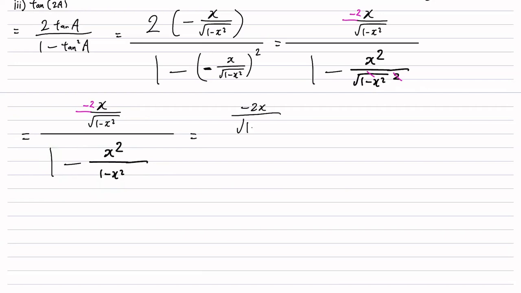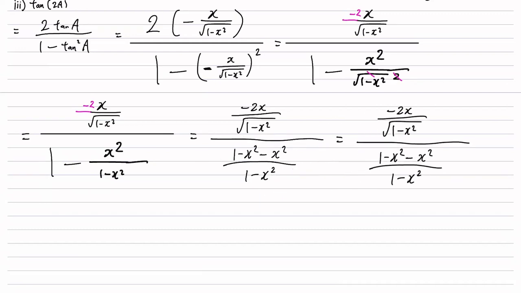Minus 2x over square root 1 minus x squared, all divided by, here is 1 minus x squared all over 1 minus x squared, right? Very good. So this guy is really just 1 minus 2x squared, right? So we can just replace the numerator with 1 minus 2x squared. Right?